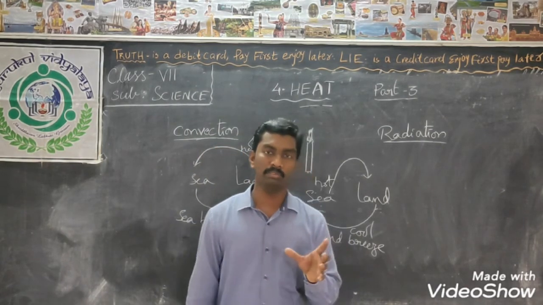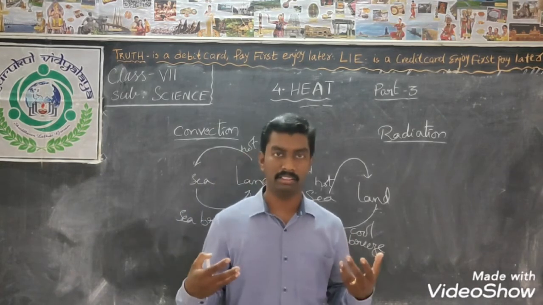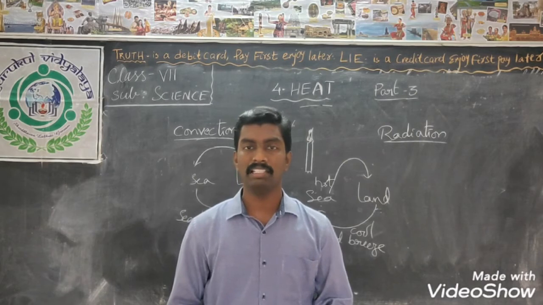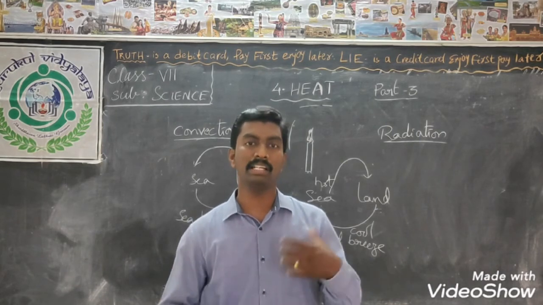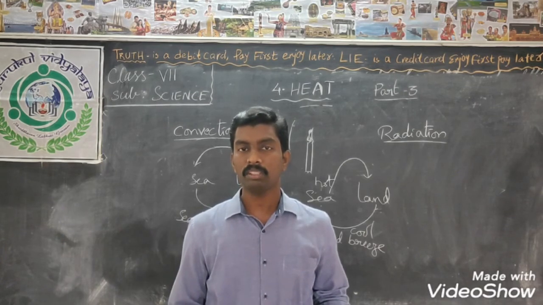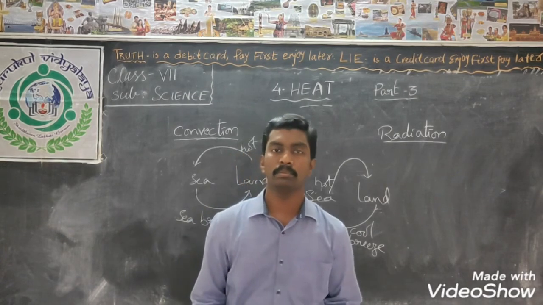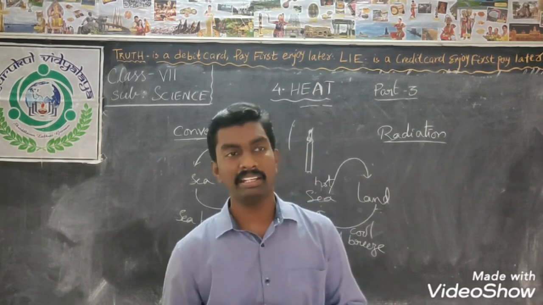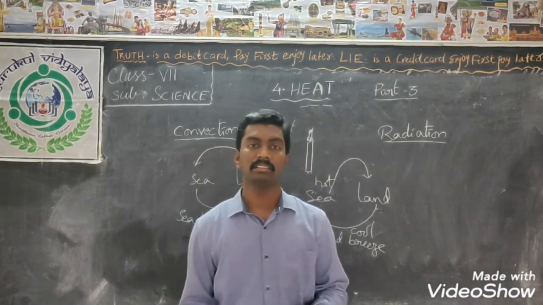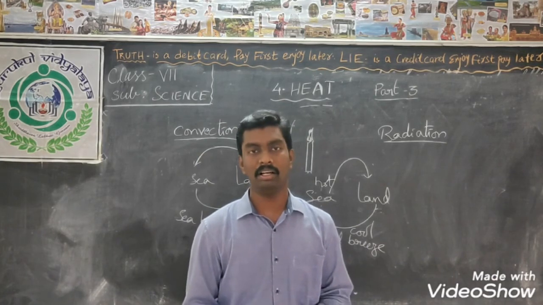Whenever we go outside in the summer, our body absorbs the heat. That's why if you touch, we feel hot. Whenever heat is transmitted or reflected, we won't feel hot.